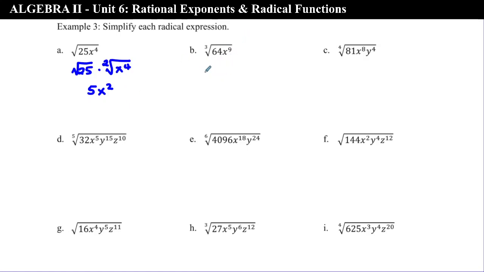For b, we're going to break this up. The cube root of 64 times the cube root of x to the 9th. The cube root of 64 is 4. And then when we do 9 divided by 3, we get x to the 3rd.